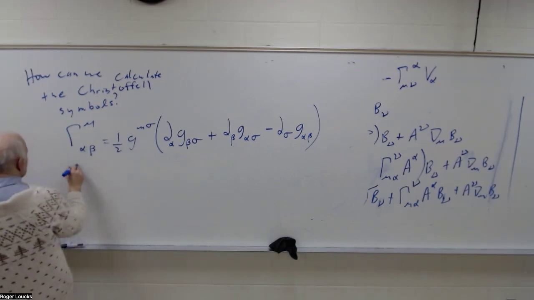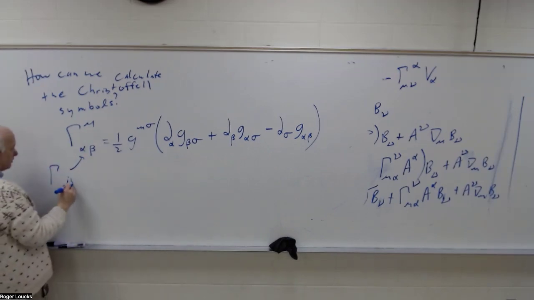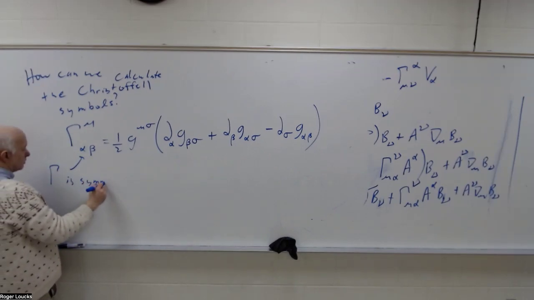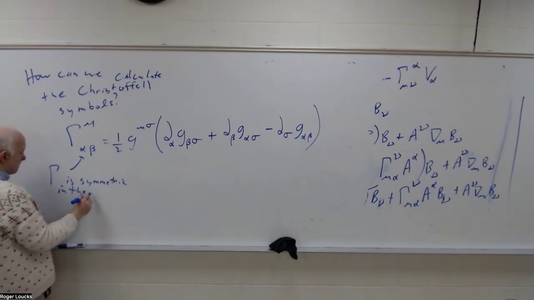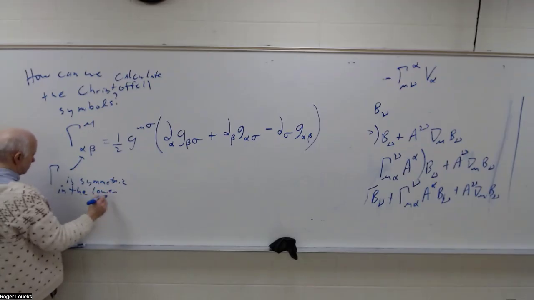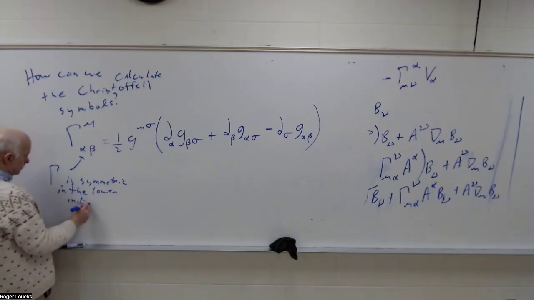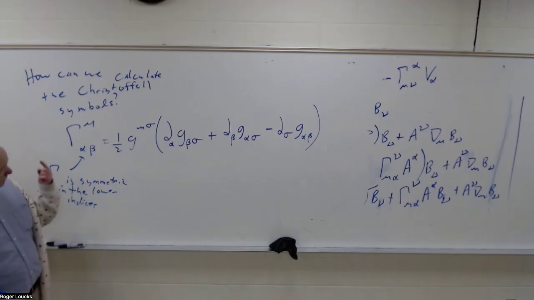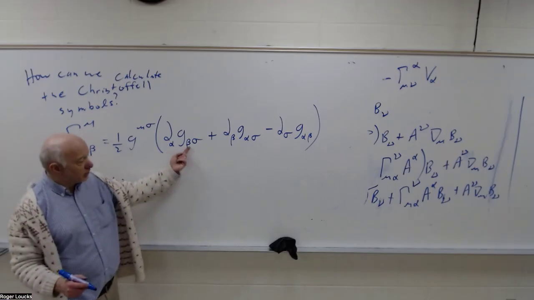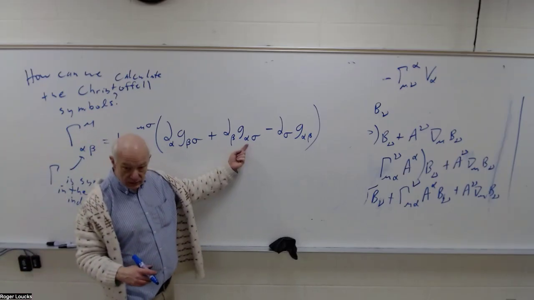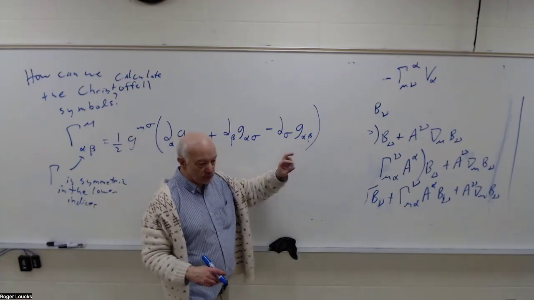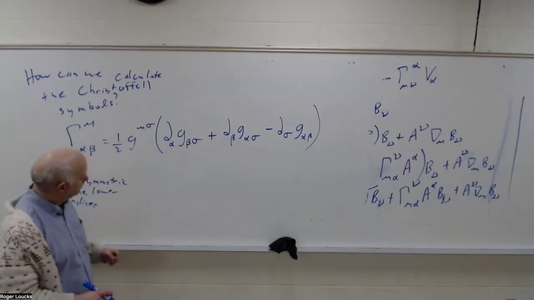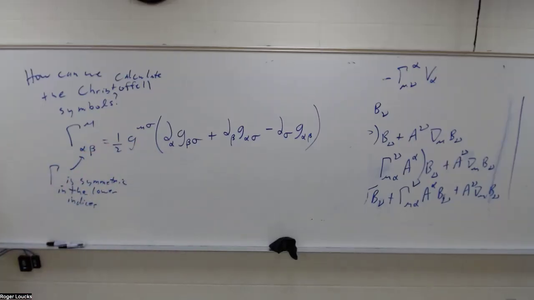Notice gamma is symmetric in the lower indices. So that's nice, because if I have alpha beta here, since it's symmetric, this has to be beta alpha here, and then alpha beta here, because basically your g is always symmetric. So that's how you're going to calculate these things.